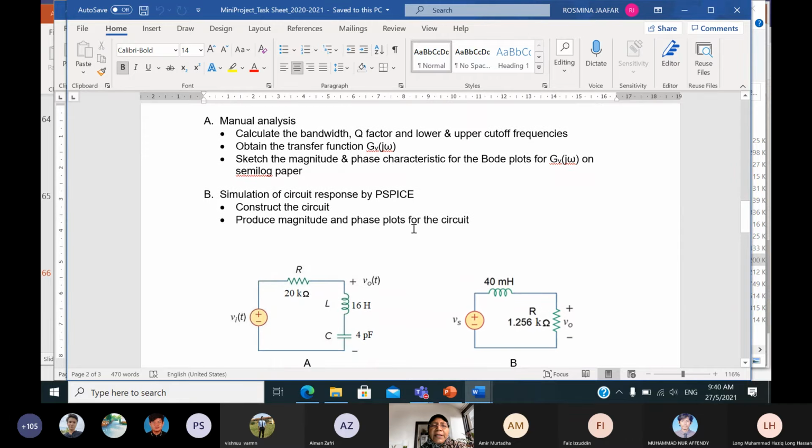Okay, and then for the simulation, you need to show the constructed circuits, meaning that you copy and paste, or you save your figure from your simulation software, and then you produce the magnitude and phase plots using the simulation software and insert them into your report. So there are two parts of the project: manual analysis and simulation analysis.